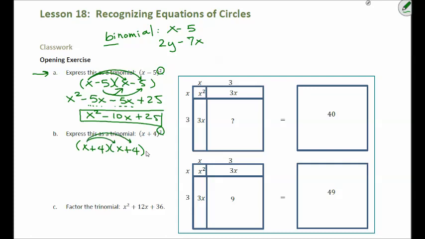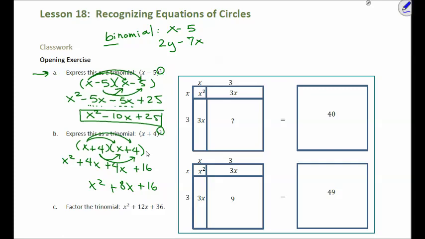So x times x is x squared. x times 4 is plus 4x. And then this 4 times x is again 4x. And 4 times 4 is 16. I will again combine like terms and get x squared plus 8x plus 16.